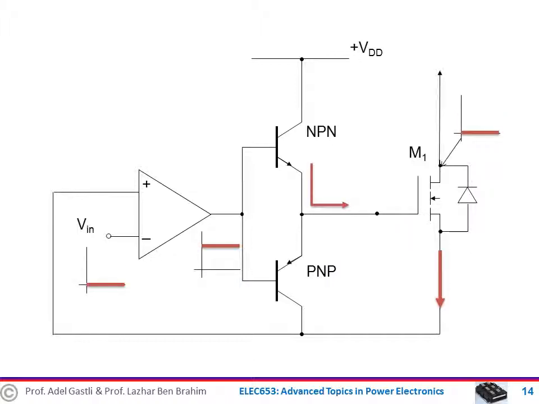Now if Vin is low, the output of the comparator inverter is high, which triggers the upper NPN transistor that will turn on the MOSFET and the drain source voltage becomes low while a current flows into the drain and source path of the MOSFET. The NPN transistor presents a very low impedance during the current sinking phase of the MOSFET gate current.